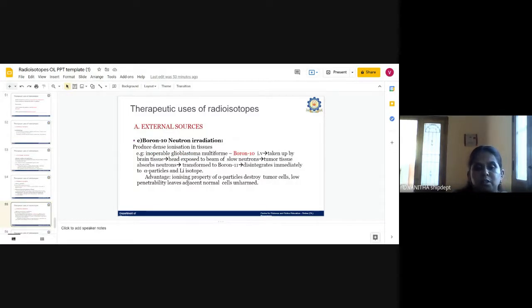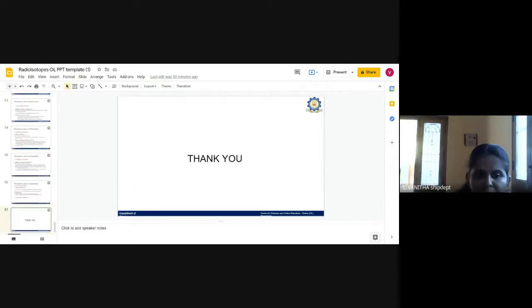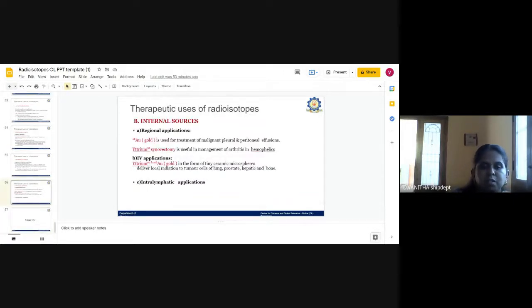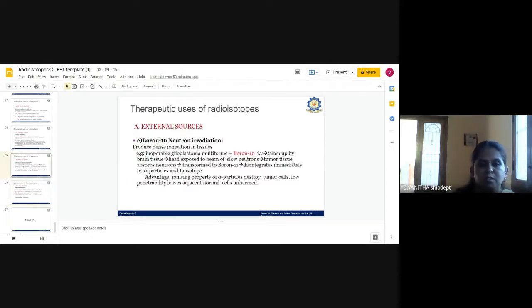Therapeutic treatments are also going on here. They are using neutron irradiation, which produces dense ionization in tissues.